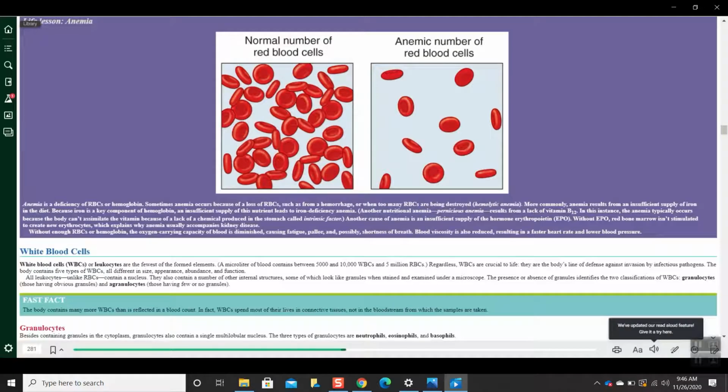Hemolytic anemia is from a hemorrhage, or excessive bleeding, or from a lot of red blood cells being destroyed all at one time. You also can have iron deficiency anemia. That's from not having enough iron in your body. It's very common. Another type of anemia is called pernicious anemia. That is from a lack of B12.